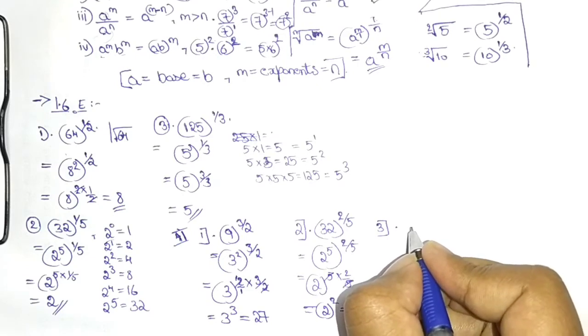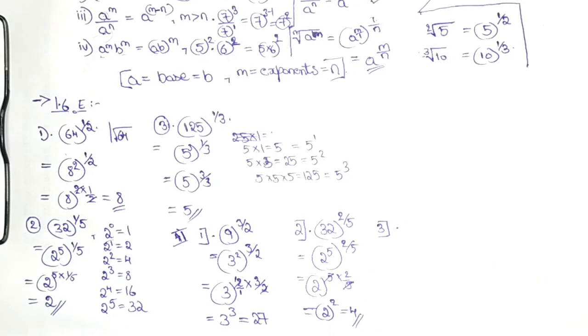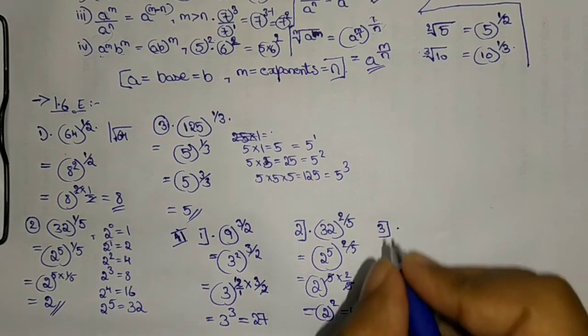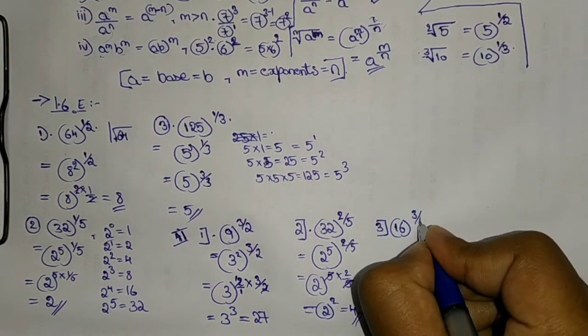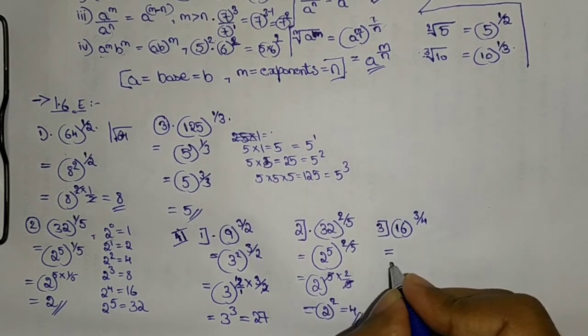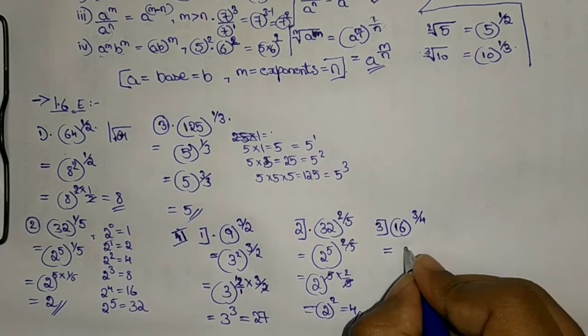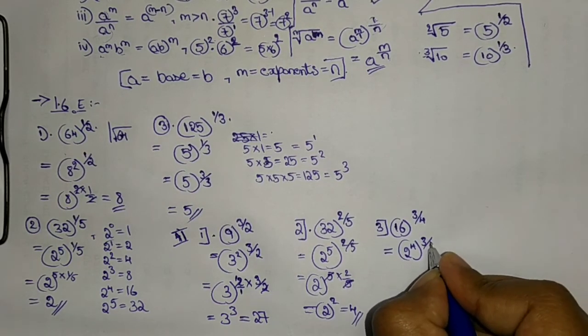Next, third question of second main: 16 power 3 by 4. You know 16 is 2 power 4, so 2 power 4 whole power 3 by 4.